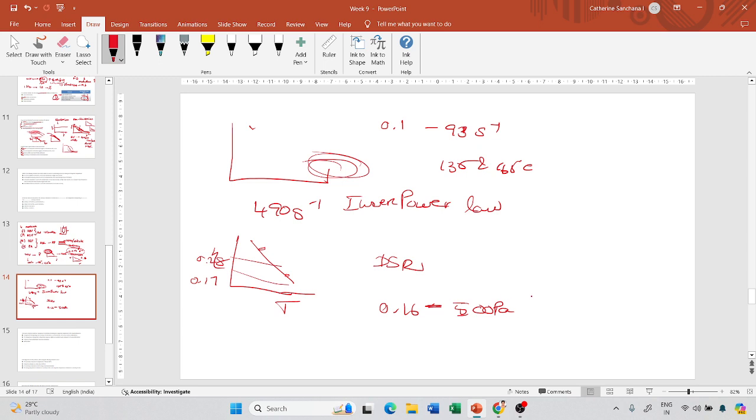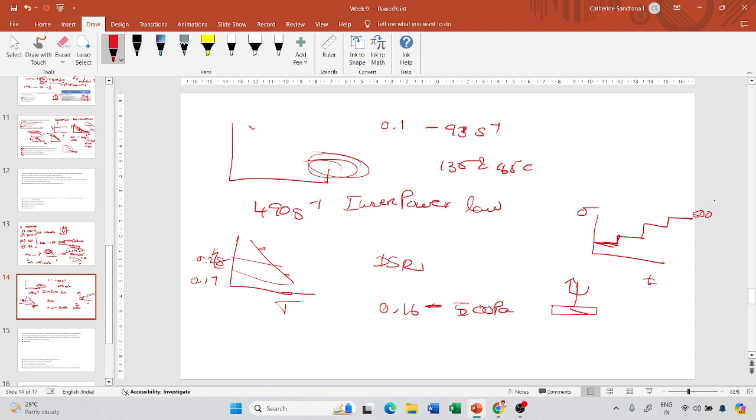Here you will keep on rotating the top plate in one direction such that the shear stress varies from 0.16 to 500 Pascal. So it is a time domain test, it will go only in one direction. If you see the plot of time versus stress, first I will apply 0.16 Pascal, then say 0.18, 0.20, like that I will go till 500. The rate of increase can be fixed by you, okay.